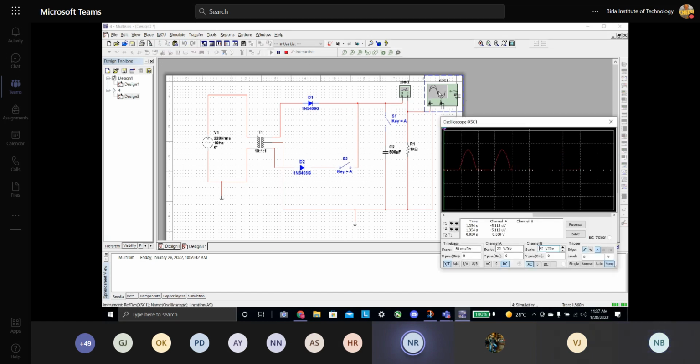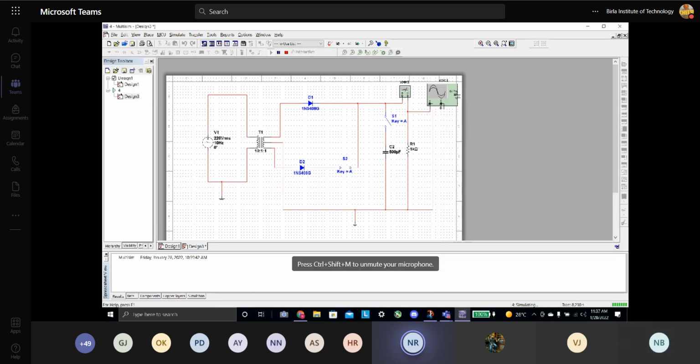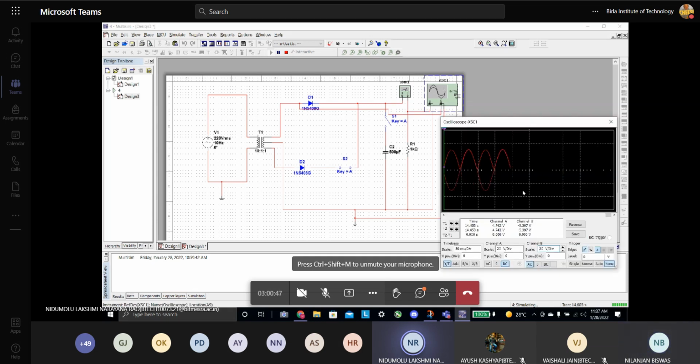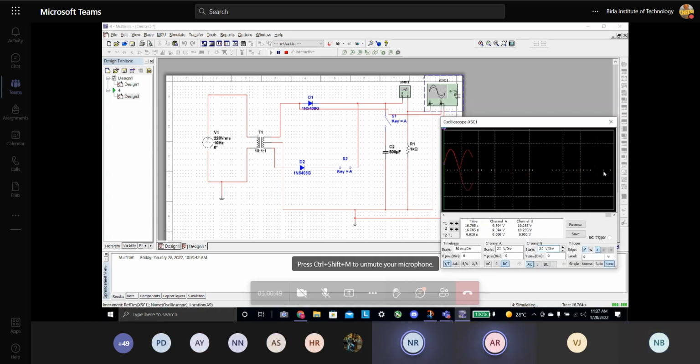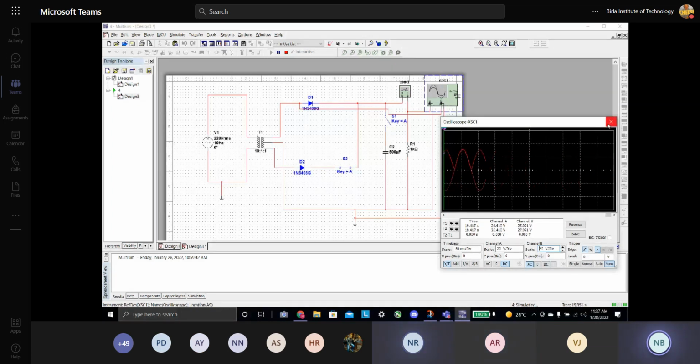So this is the half wave rectifier, and when the key is closed, it becomes full wave. So now the input and output. Yeah, okay. So this is what I was mentioning. All of you can do it in the same way.